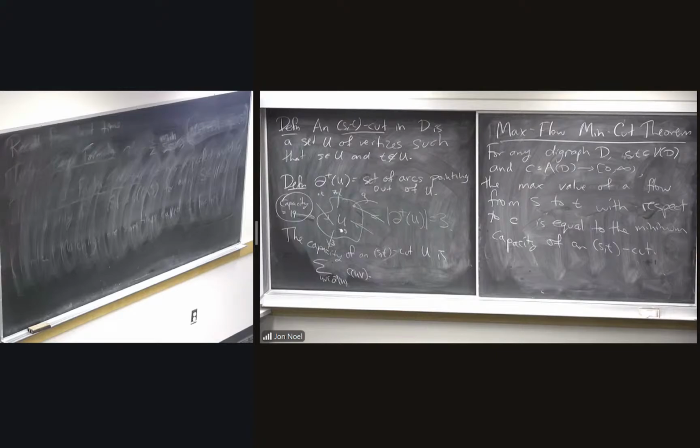If I wanted to show that the maximum flow has value at least 100, let's say, just pick a number, I could produce a flow with that value and just check, and that can be checked in polynomial time. You just check the flow in equals flow out conditions and check the capacities, and then that certifies that it's a flow of value at least 100.